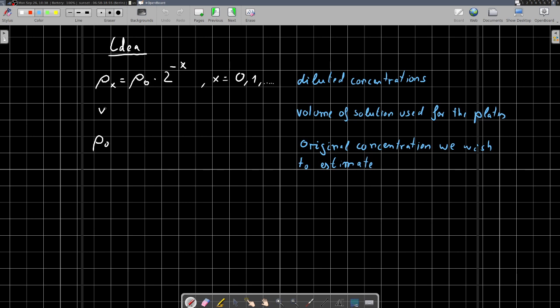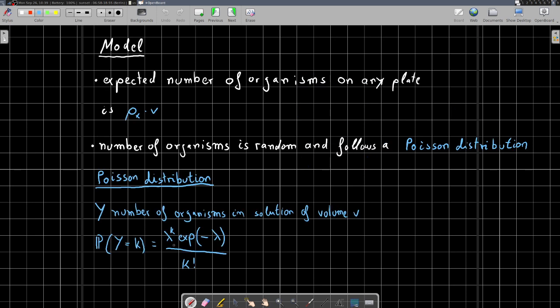We denote the volume of the solution. It doesn't really matter what's the exact value, but we can specify that in the experiment. And then finally the concentration of the diluted solution is given by rho x, and this expression on the right hand side.